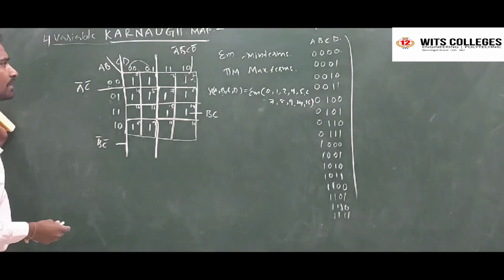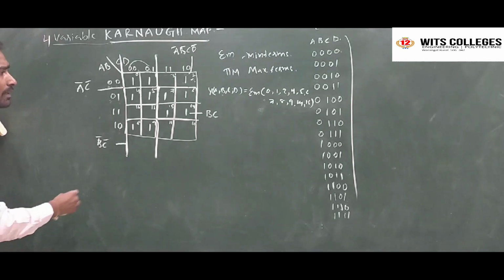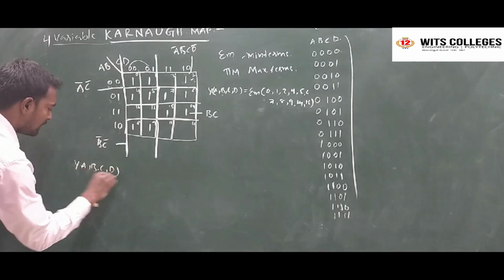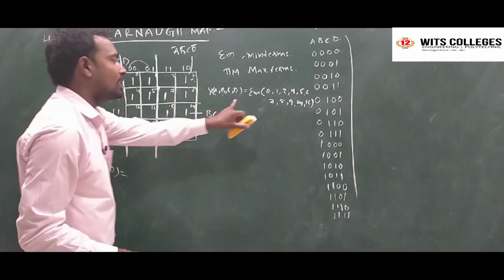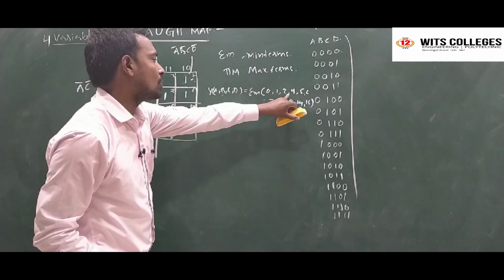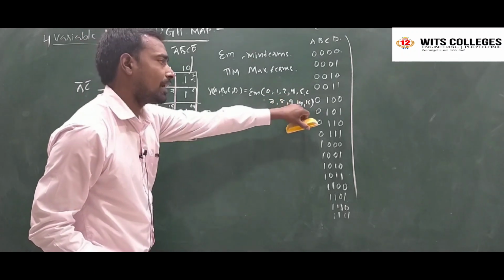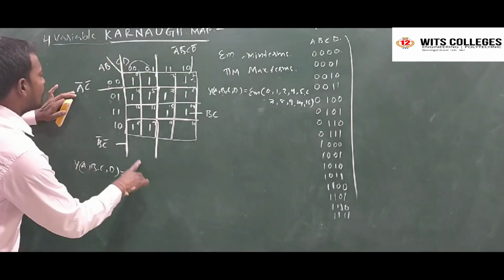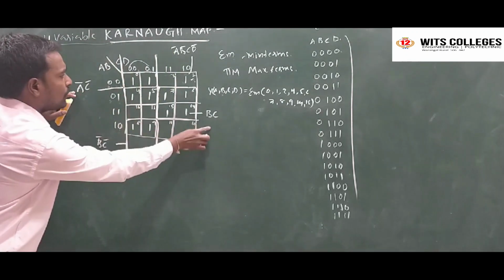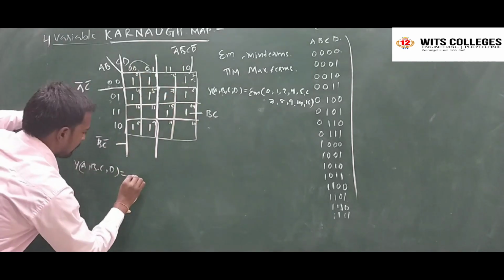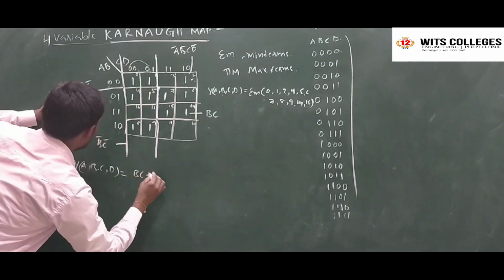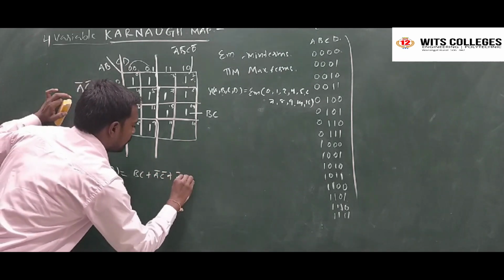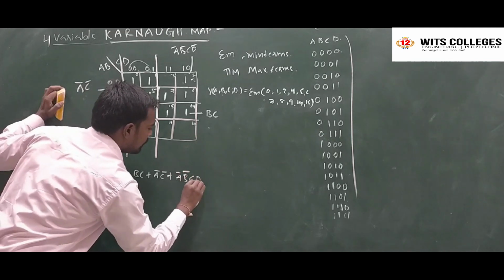So the finalized Boolean expression for the given y of a comma b comma c comma d is equal to summation m of 0 comma 1 comma 2 comma 4 5 6 7 8 9 14 15 can be written as b into c plus a bar into c bar plus a bar into b bar c into d bar.